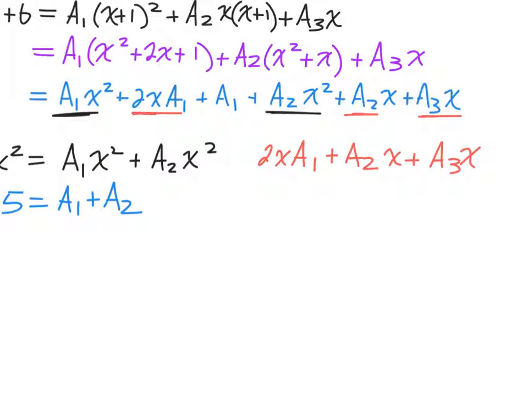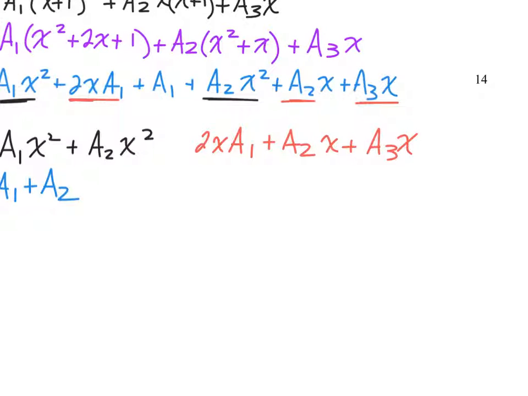I'll do it at the end. Equals 20x. I'm so focused on the expanded form that I neglected the 20x. But anyway, all the x's are going to drop away. So 2a sub 1 plus a sub 2 plus a sub 3 is equal to 20.